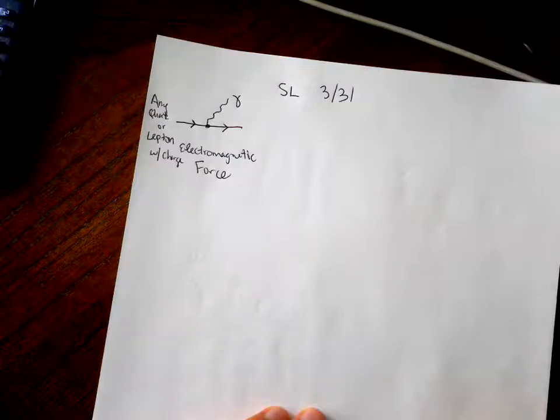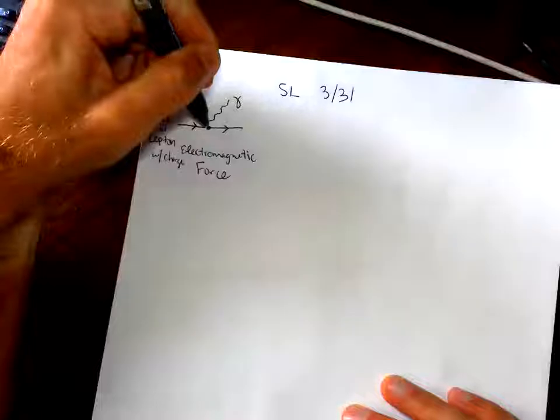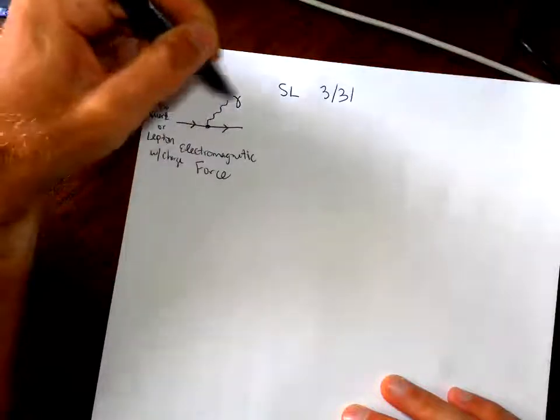So any quark or lepton, with the exception of the neutrino, can emit or absorb a photon. The reason that the neutrinos can't emit or absorb a photon is because they don't have electric charge. So you have the vertex, and these three things are called the legs.